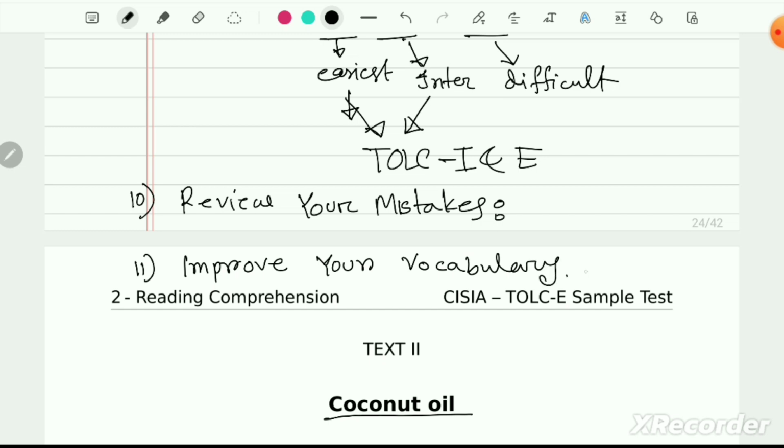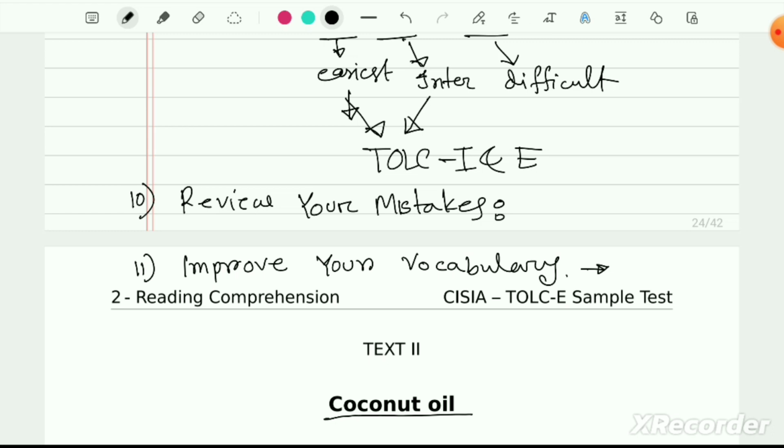Okay, so expanding your vocabulary will help you understand the text better. Read widely, learn new words. And I believe in the IELTS exam or TOLC, whatever you say, some of the words you will never know. You must pay attention to the context.